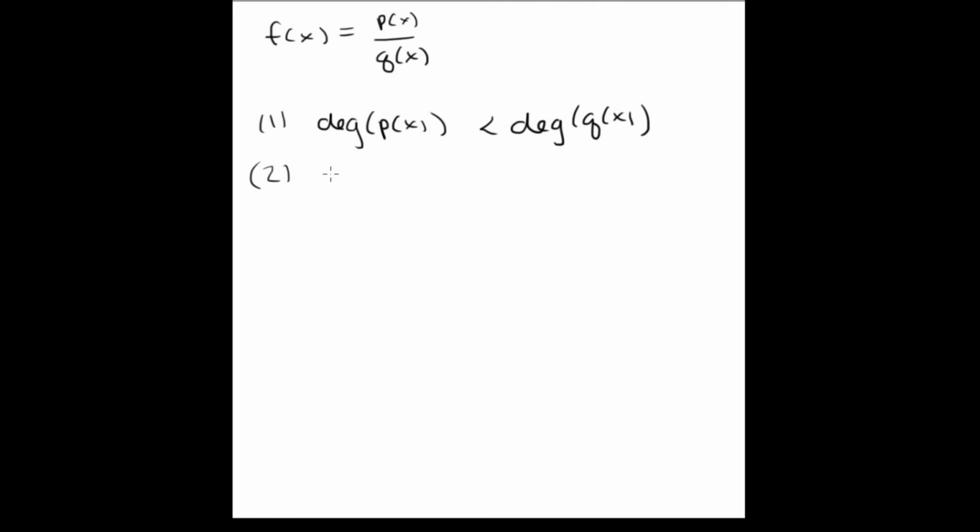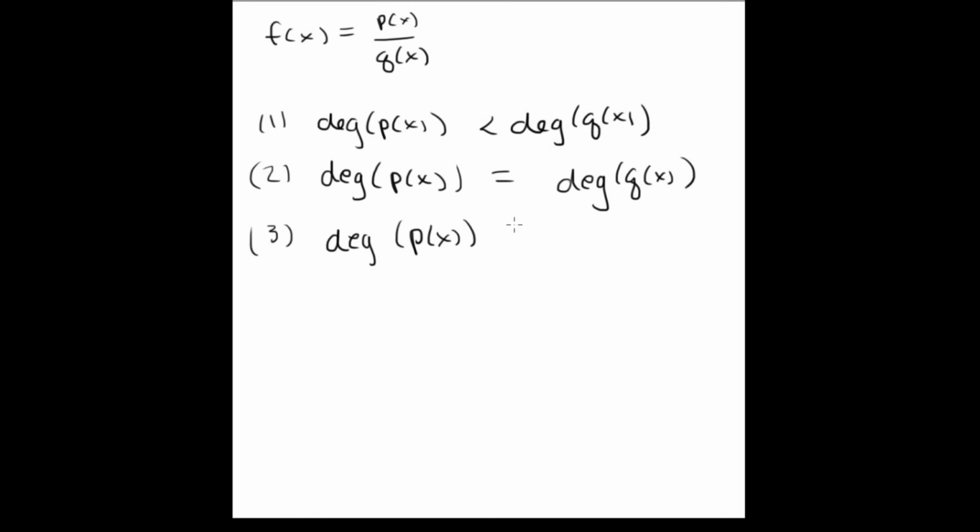The second, the degree on the top is equal to the degree on the bottom. And the last, the degree on the top is, you guessed it, greater than the degree on the bottom. And each one of these cases produces a different horizontal asymptote or lack thereof.